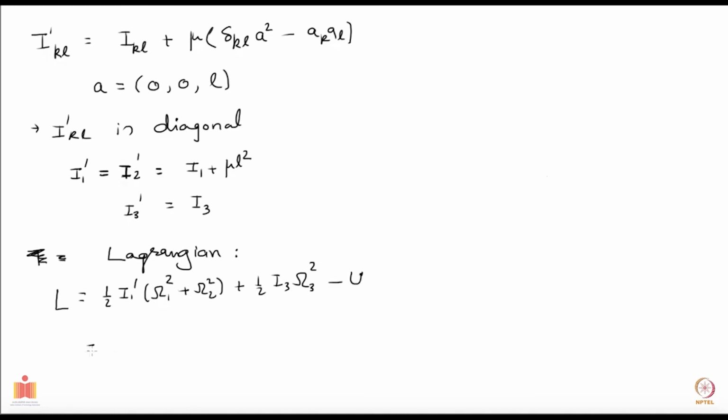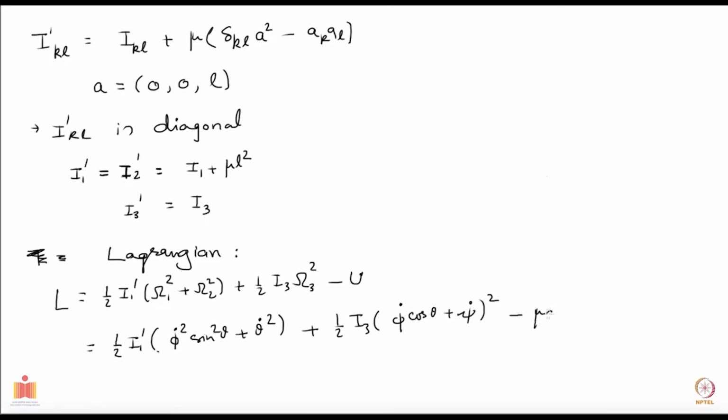Now this you can write as the following: half I1 prime (phi dot square sine square theta plus theta dot square), plus half I3 (phi dot cos of theta plus psi dot) square, and then you have minus mu g L cos of theta.